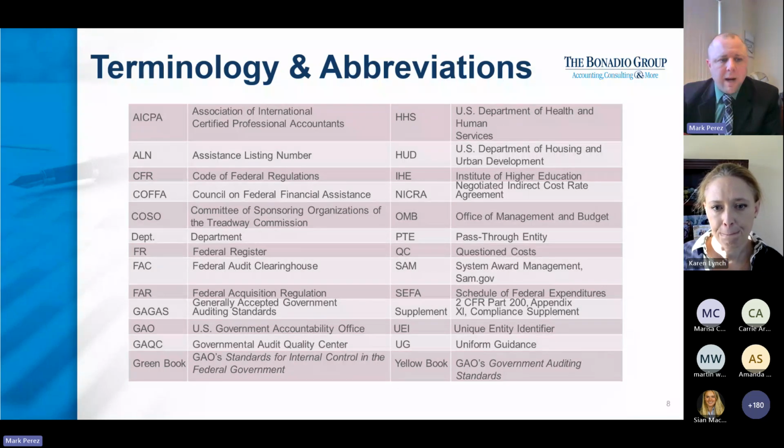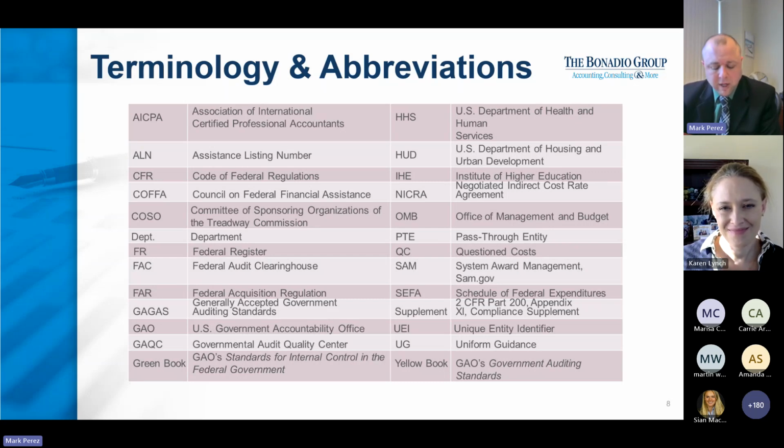As your auditors prepare the single audit and issue the deliverables, if you read the opinion deliverables, it says that the SEFA, the Schedule of Expenditures of Federal Awards, jumping ahead here a little bit, is required to be presented in accordance with Title 2 U.S. Code of Federal Regulations, CFR, Part 200. So CFR is a good terminology to be aware of.